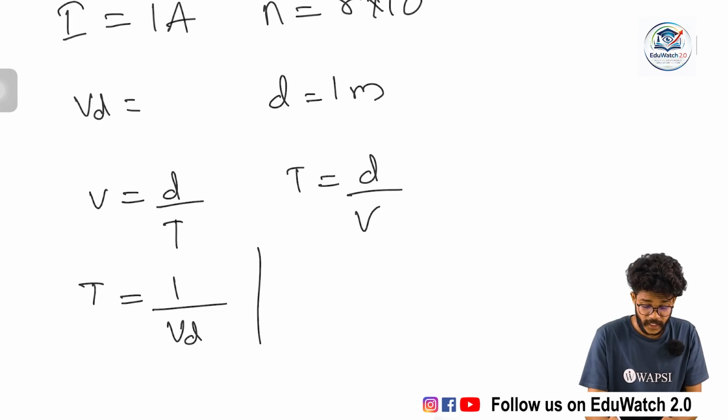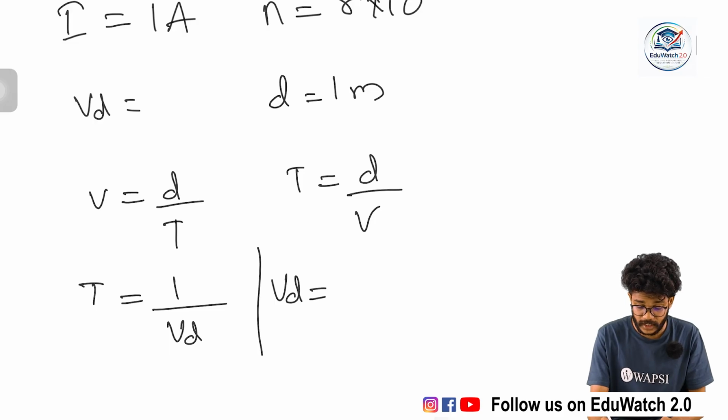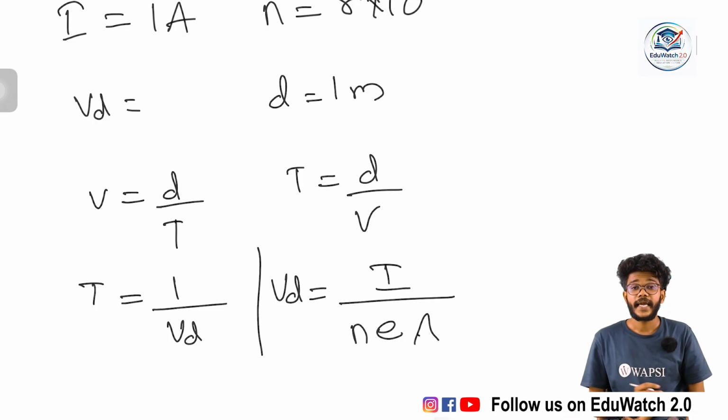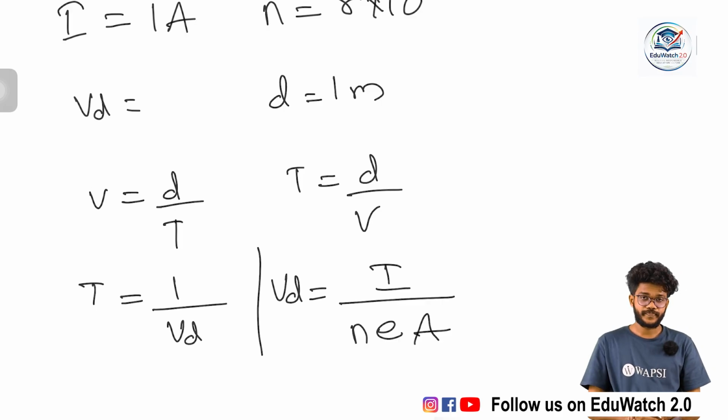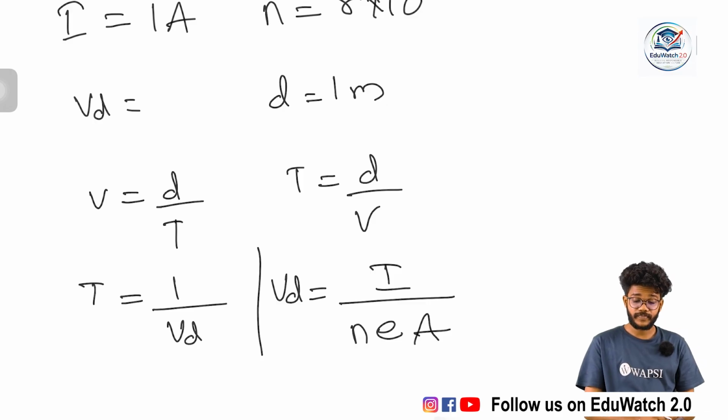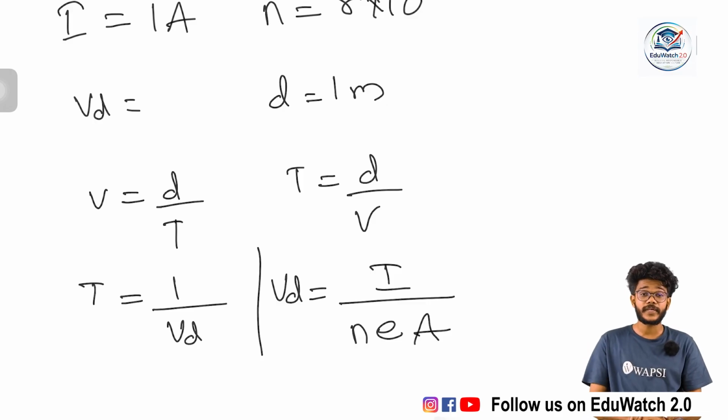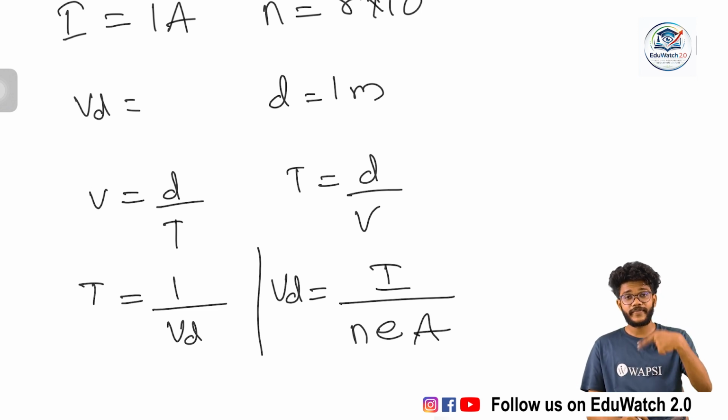The equation for the drift velocity Vd is I by NEA. N is the number of charges in unit volume, and E is the value of the charge. A is the area of the wire's cross section.